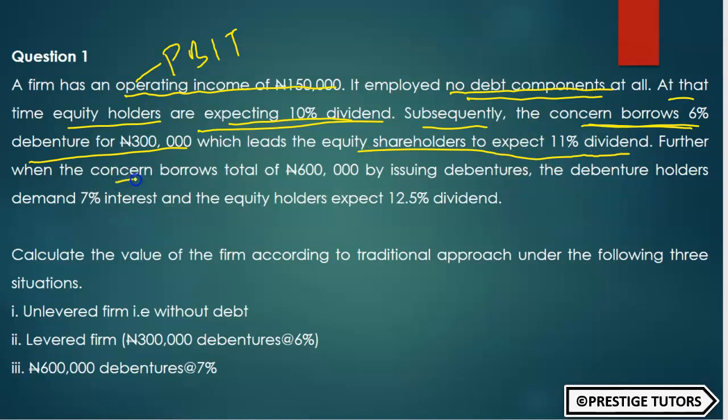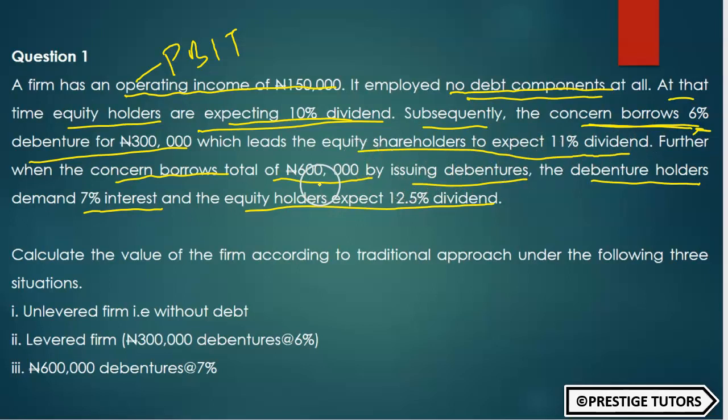Further, when the business borrows a total of 600,000 naira by issuing debenture, the debenture holder demands 7% interest. Equity holders, as expected, increased. Now the company has taken 900,000 naira debt. The first debt of 300,000 at 6% interest rate.